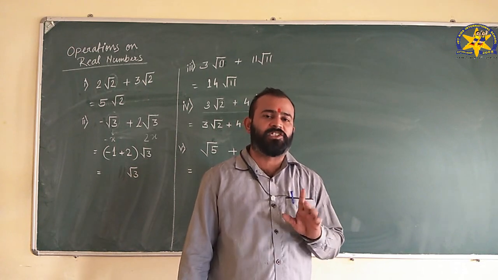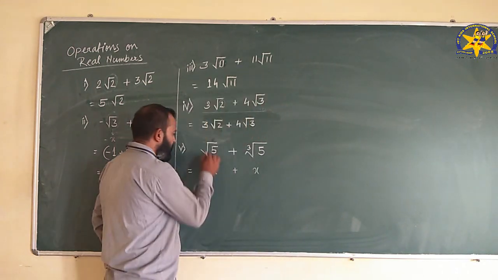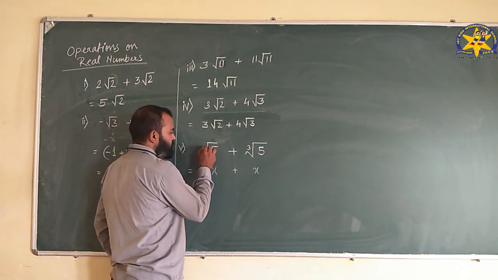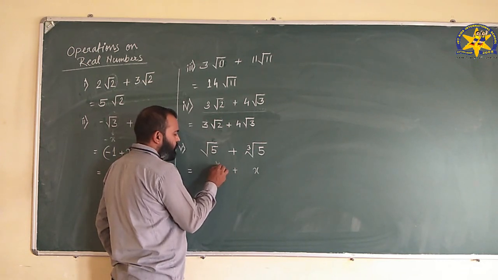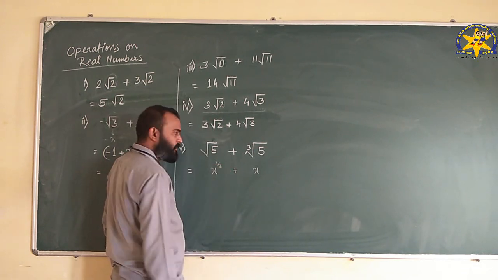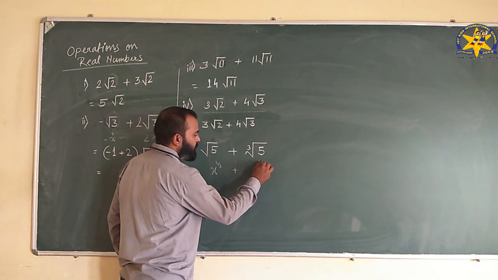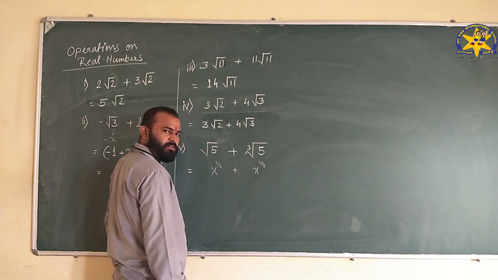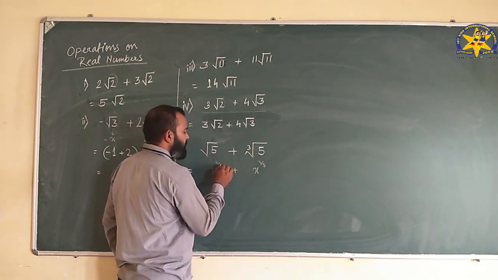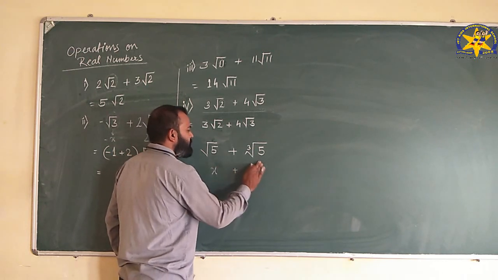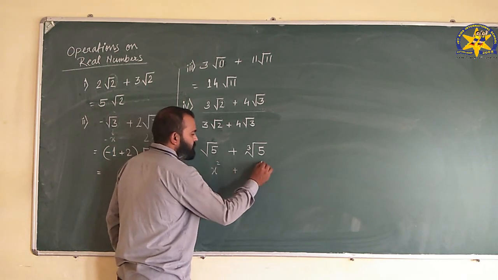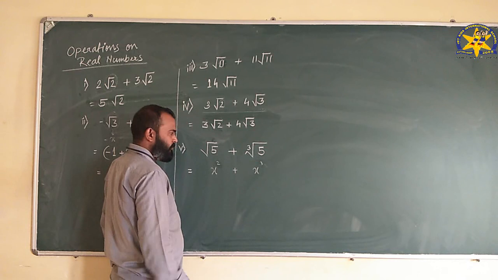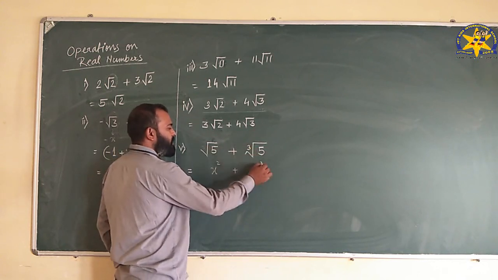Powers should also be the same. Here the power, since it is a square root, is 1/2. Here it is a cube root, so 1/3. If this is not understood, let it be. Suppose here it is 2 and here it is 3.